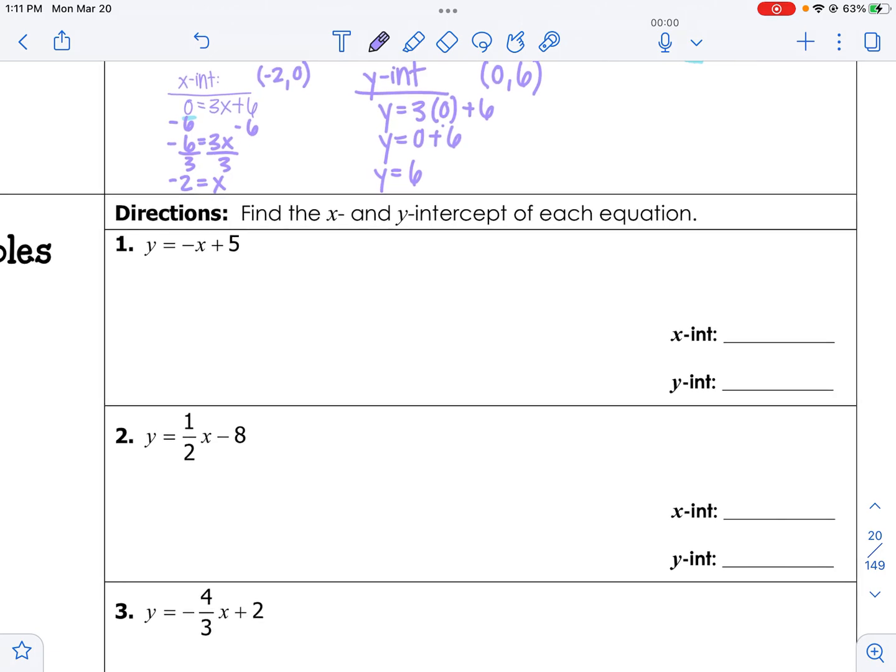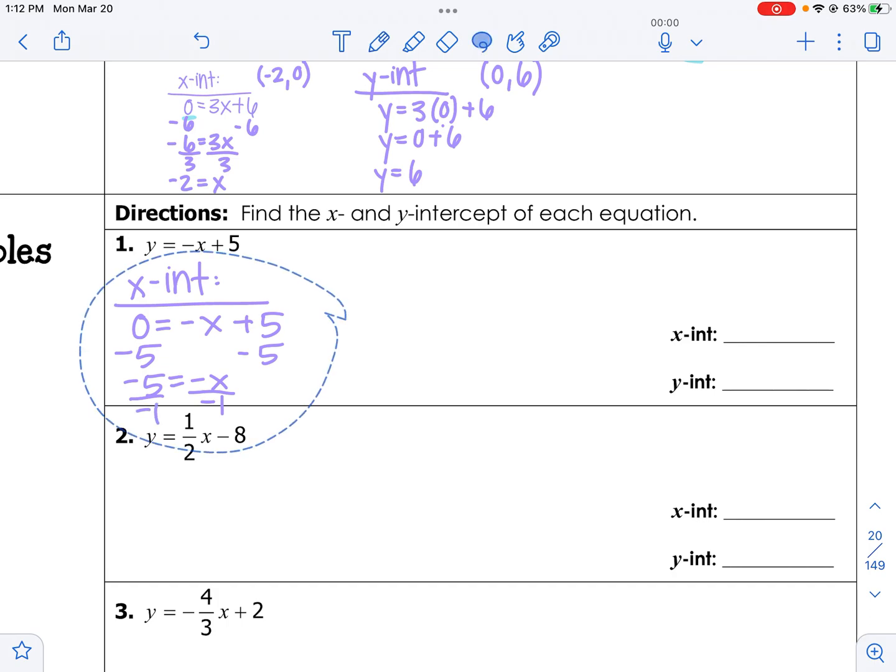Welcome back. For the x-intercept on number 1, again, we are substituting 0 for y, leaving me with negative x plus 5. I'm going to subtract 5 from both sides, and then I'm almost there, just needing to divide by negative 1.